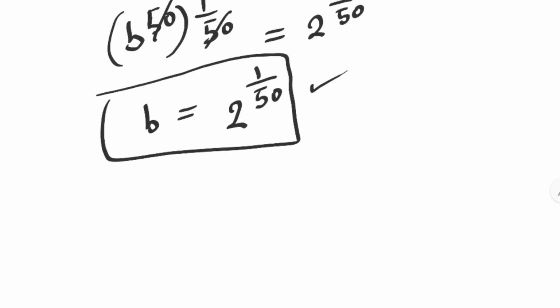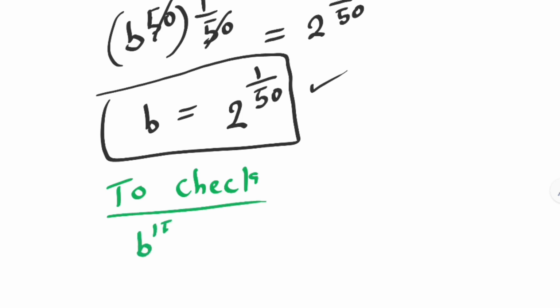Let's check. To check, we have the given equation. b raised to power 150 plus b raised to power 100 is equal to 12.